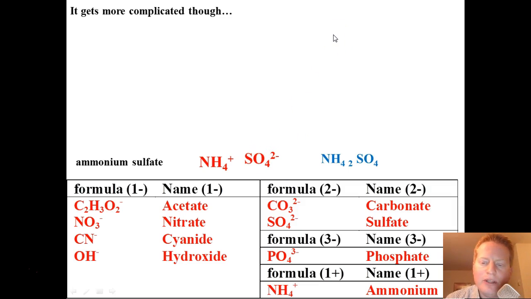And if we write it like this, it still looks really funky, right? It doesn't look correct because this looks like NH42, SO4. So again, because we have more than 1 polyatomic ion, we have to include parentheses. And that's essentially how you do that one. It's similar to the other ones, and this is the correct formula: NH4, 2, because we have 2 ammoniums, SO4, 1 sulfate.